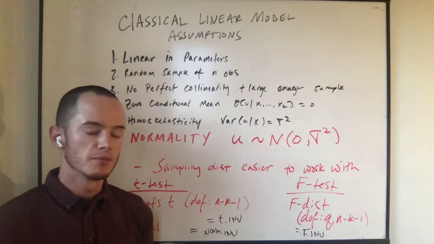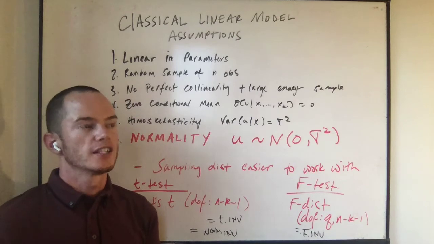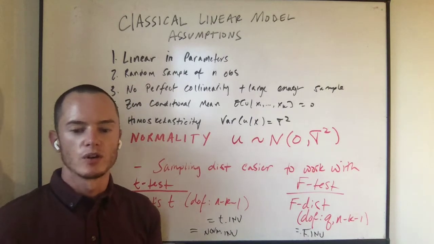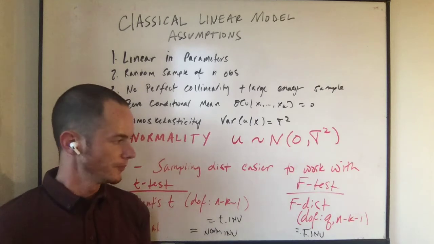For a two-tailed test, that'd be 0.975, for that 0.025 or 2.5% probability in the tail.